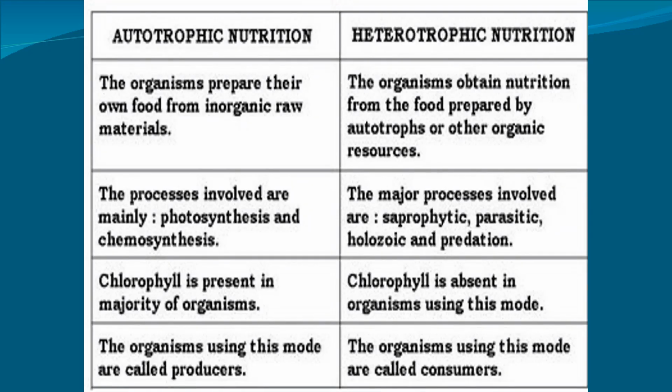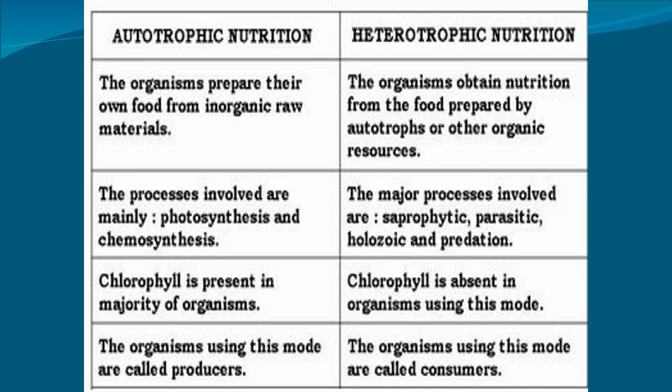Let us now see the differences between autotrophic nutrition and heterotrophic nutrition. In autotrophic nutrition, the organisms prepare their own food from inorganic raw materials, whereas in heterotrophic nutrition, the organisms obtain nutrition from the food prepared by autotrophs or other organic resources.